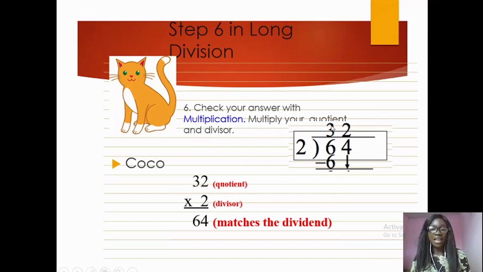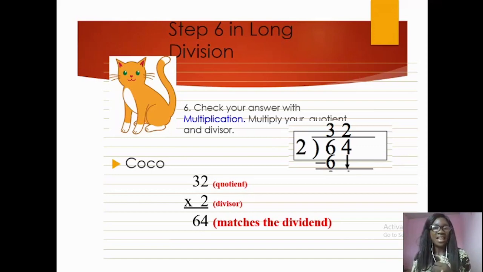When you multiply your quotient, which is 32, by your divisor, which is 2, if you get the same answer as your dividend, then give yourself a big clap. So 32 multiplied by 2 is 64, which matches our dividend.